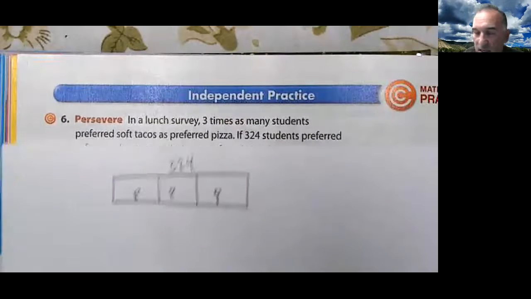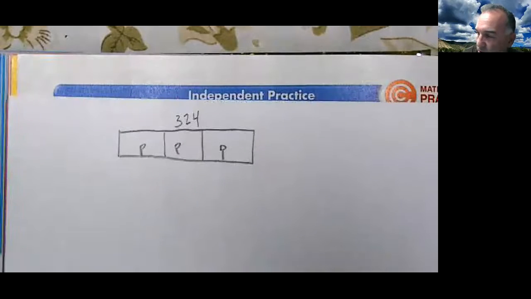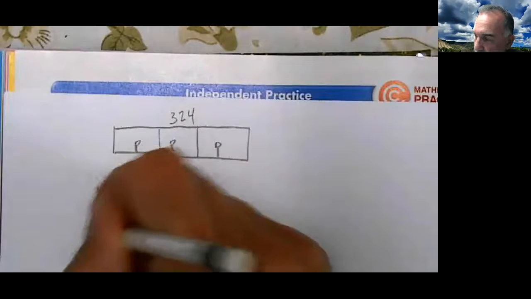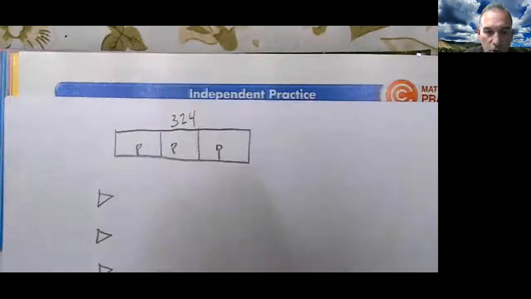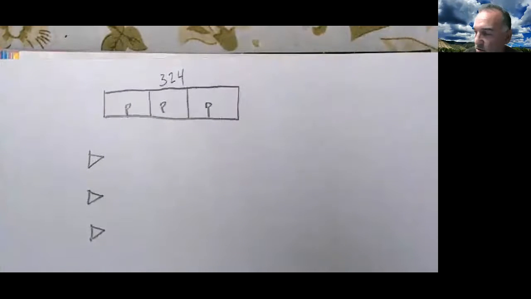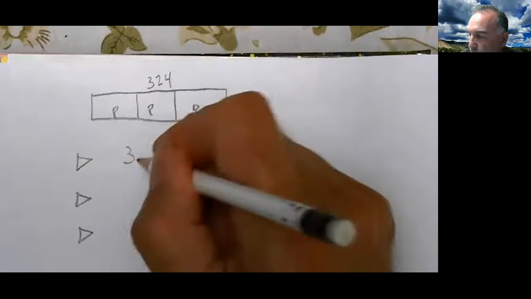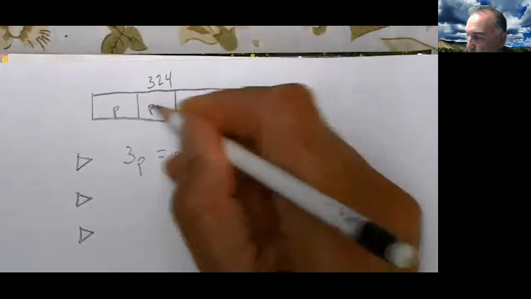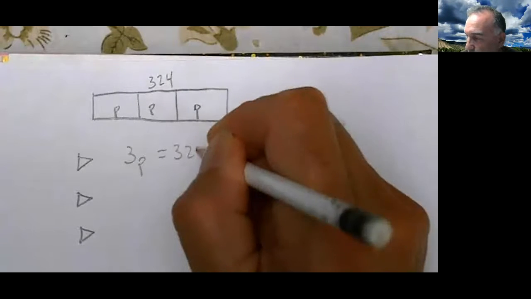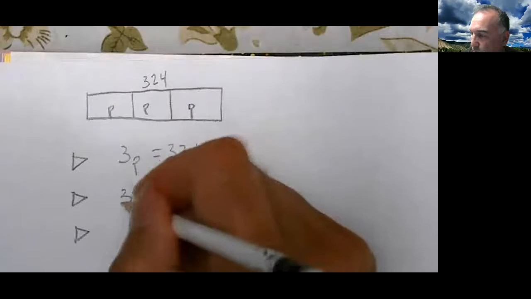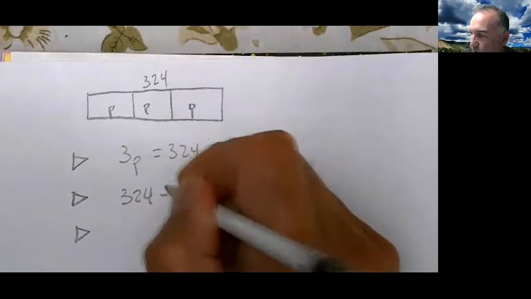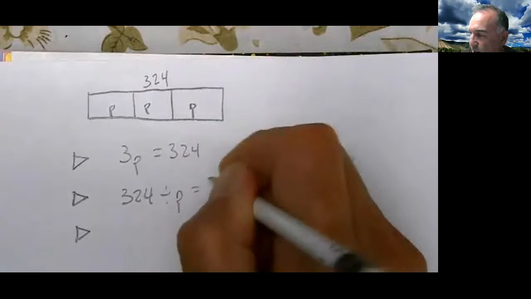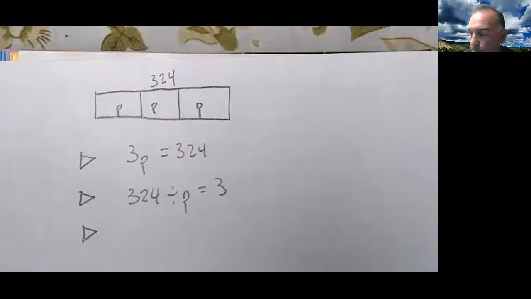Once I have that set up, I can look at this and go, here's again, 3 ways to solve this. I could go 3p equals 324. I could say 324 divided by p equals 3.